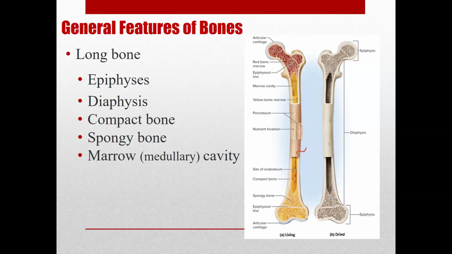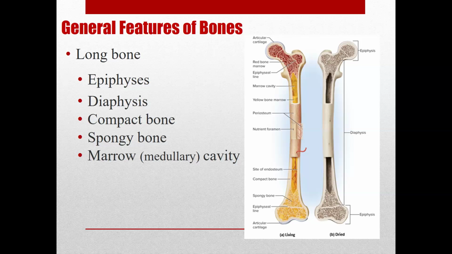You've got compact bone here in the middle, what's considered the diaphysis, the shaft of the bone. So that's why I gave you that word association. So yellow bone marrow exists in the center of the diaphysis. Red bone marrow exists in the center of the epiphysis, right?